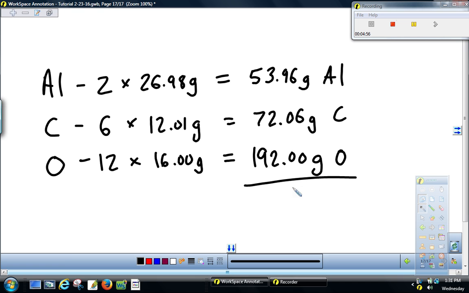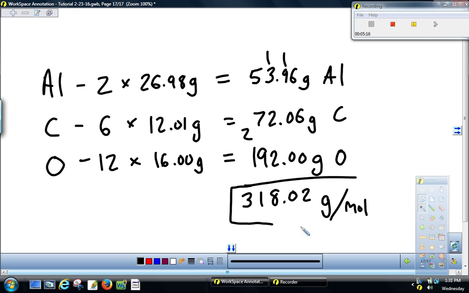Get the grand total. Alright, so we get the molar mass for aluminum oxalate as being 318.02 grams per mole.